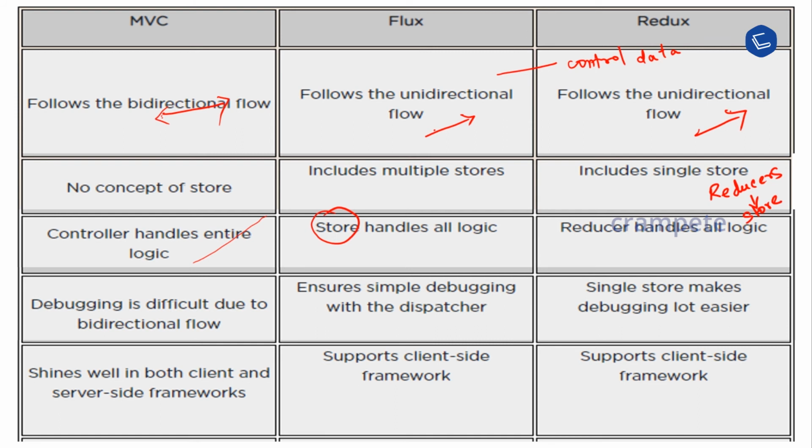But in Redux, where we already know the reducer is very important, it receives the previous state and one action and then returns the new state. So the logic remains with the reducer here, which handles all the logic, and the update is given to one single centralized store.